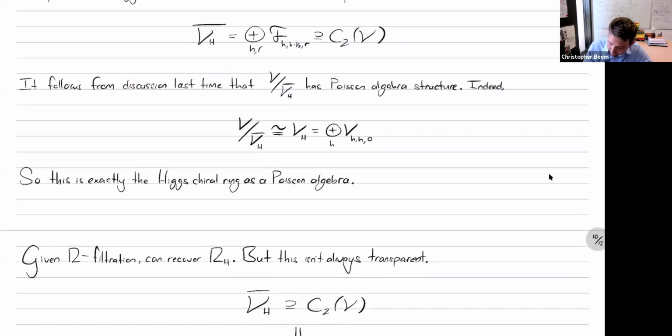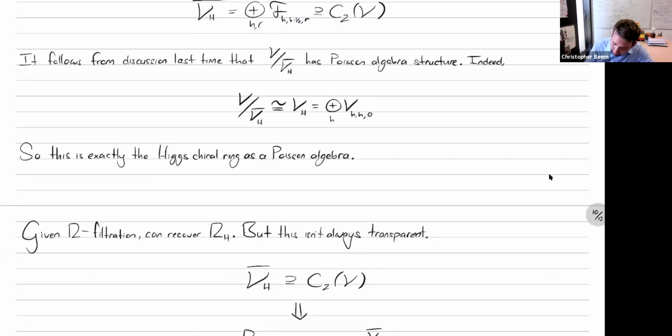And because the C2 algebra is in this subspace, and we saw last time that the C2 subspace is where the commutator and the associator and the Jacobiator of the bracket and the Leibnizator of the bracket live, that meant that if you took the quotient by C2, you would get something that had the structure of a commutative associative Poisson algebra.